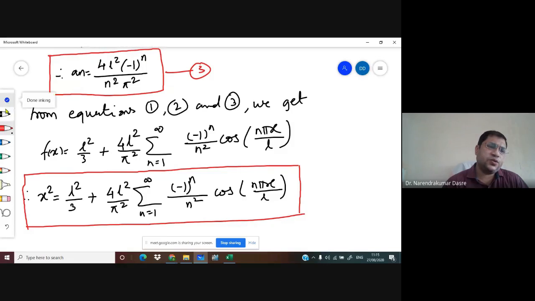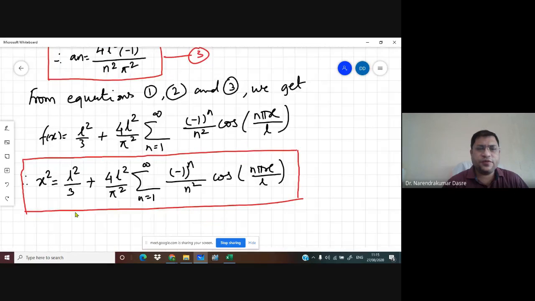Okay, so this way we are able to get the Fourier series for the function.